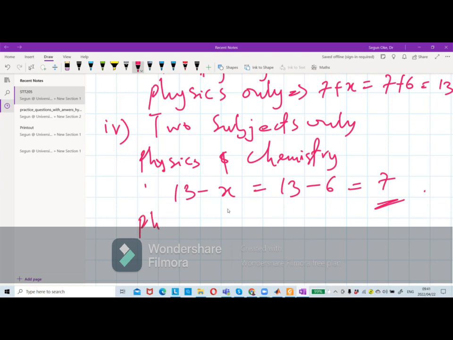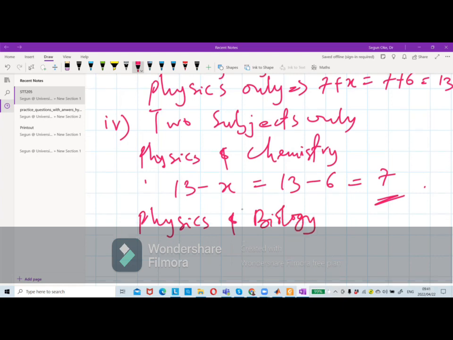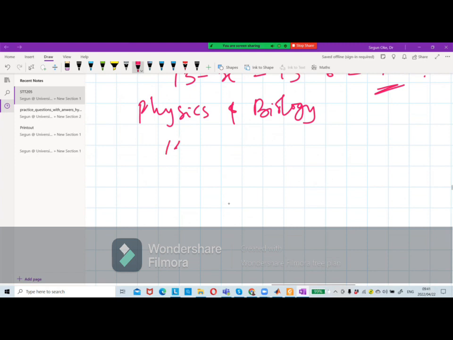Then physics and biology. Physics and biology is 14 minus x, which is equal to 14 minus 6 equals to 8.